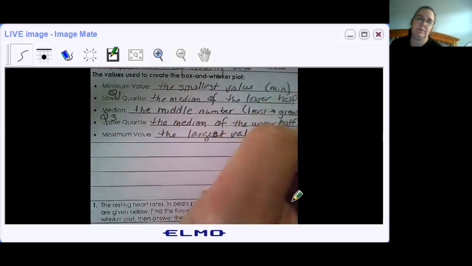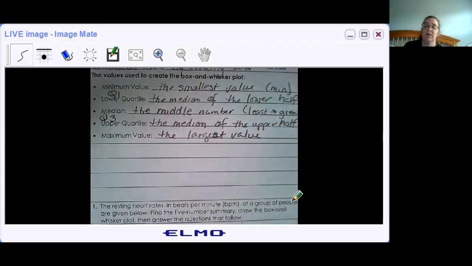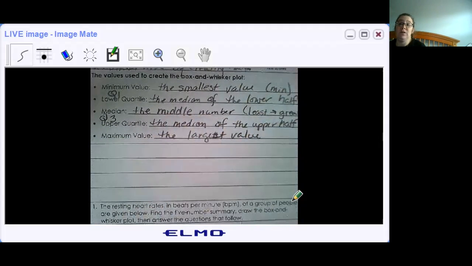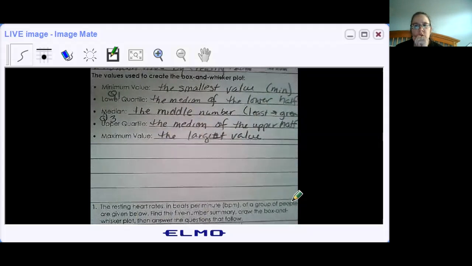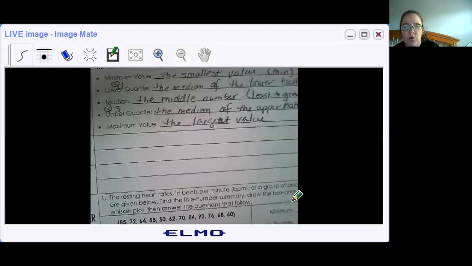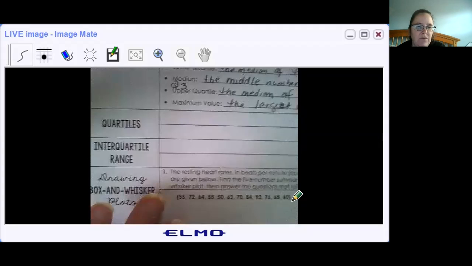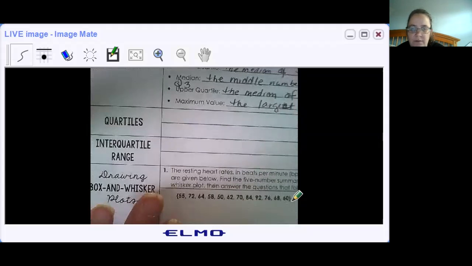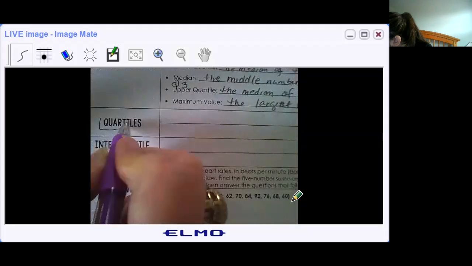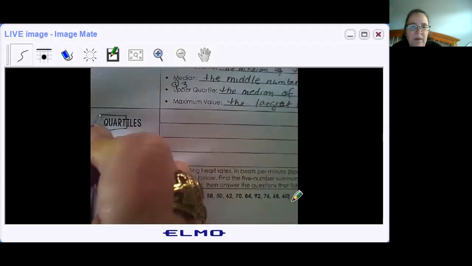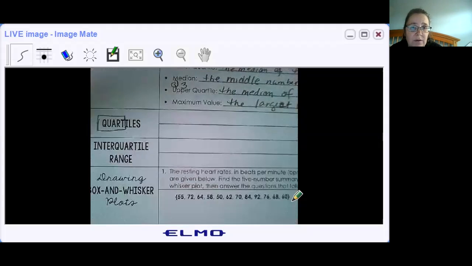Now, what in the world is a quartile? Well, let's think about it. What does the word quartile have in it? What clue would Miss Barber have us looking for in the word quartile? Right here. What does that lead us to think about?